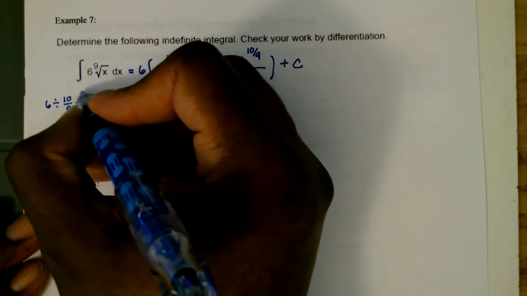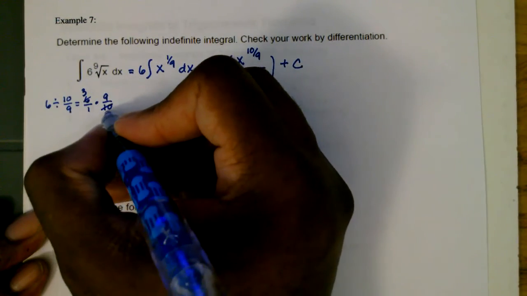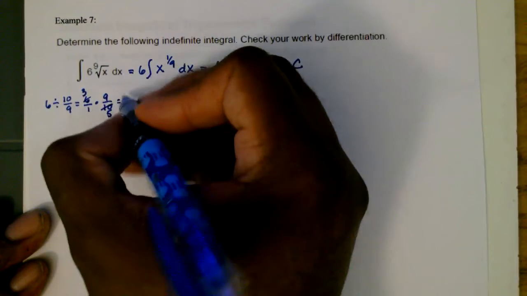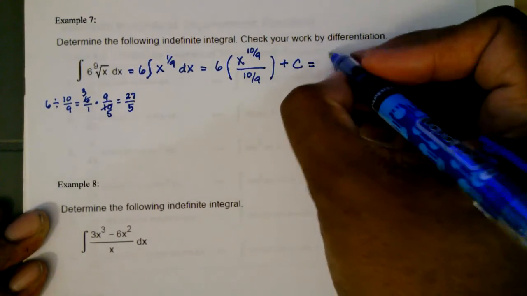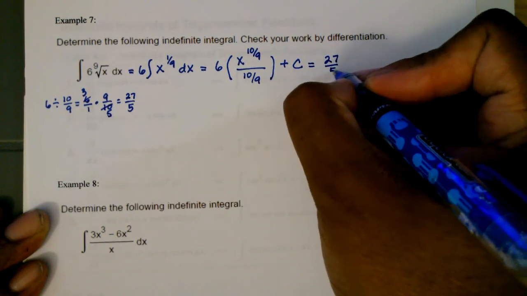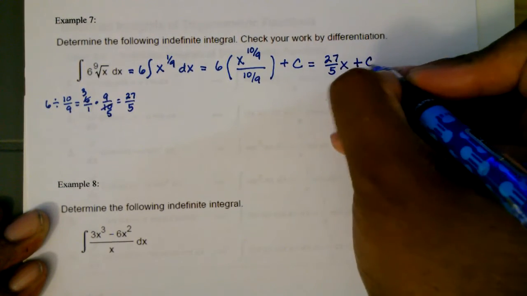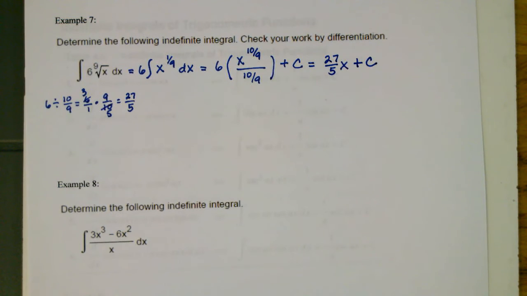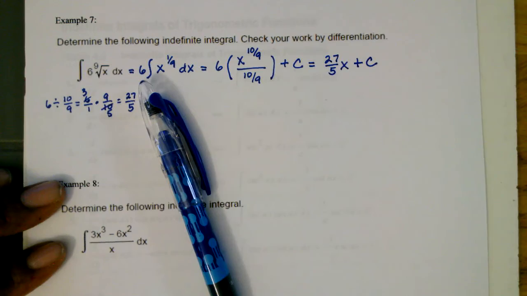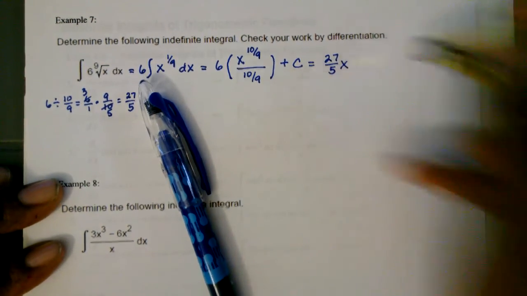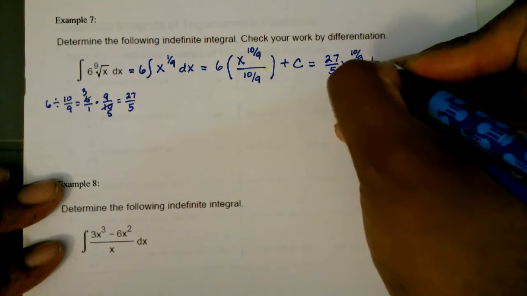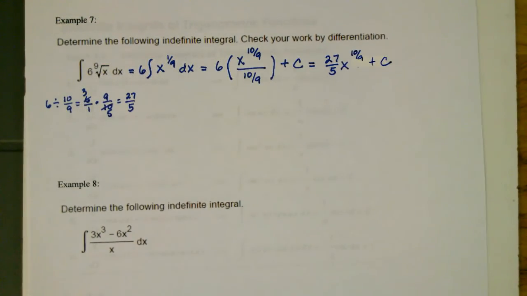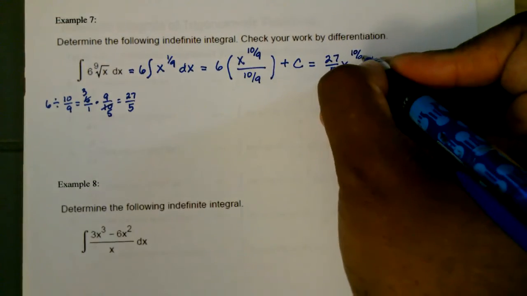Well, I know a 2 can go into that 6 3 times, and a 2 can go into 10 5 times. So 3 times 9 would be 27/1 times 5, which would be 5. So this would be 27/5 x plus c. And I should say x to the 10/9. Can't leave that off. 27/5 x to the 10/9 plus c.